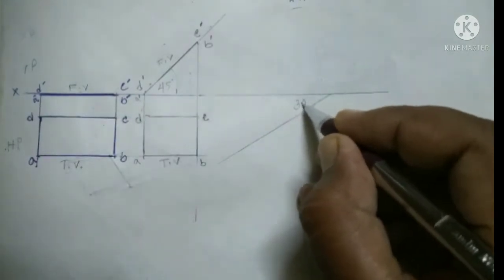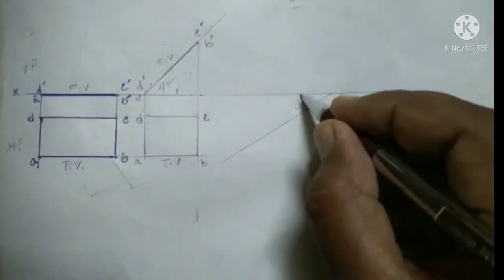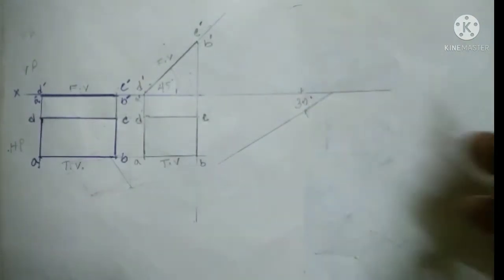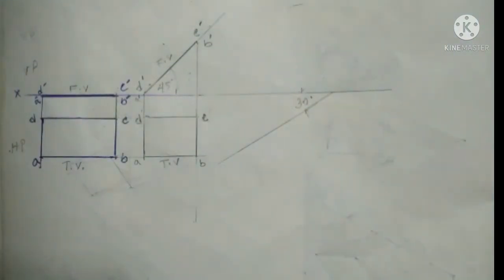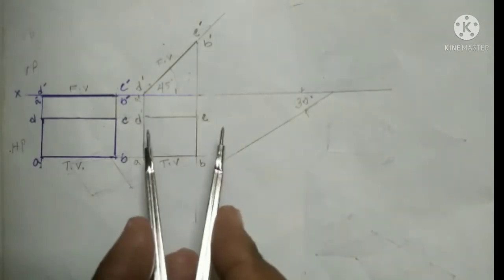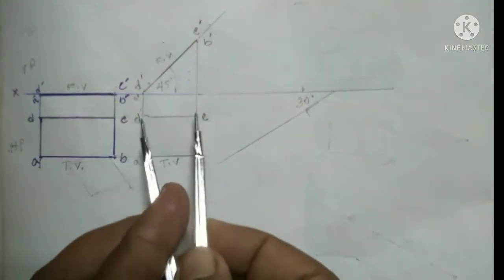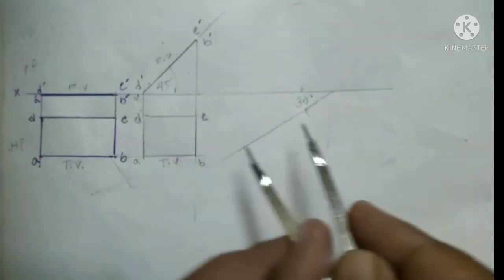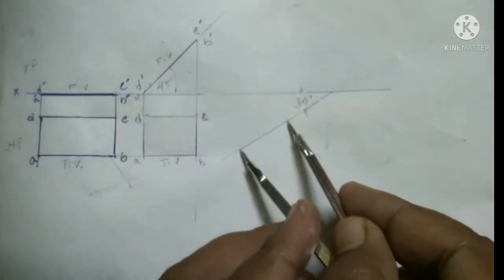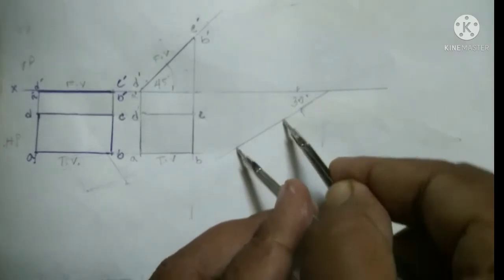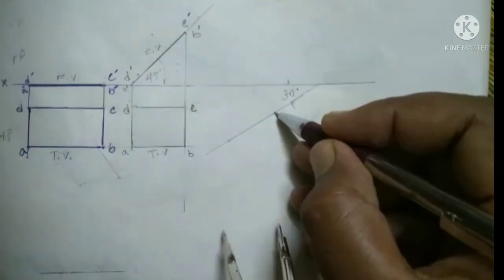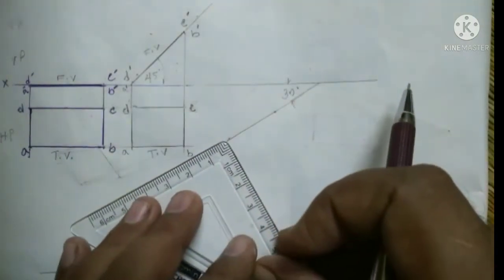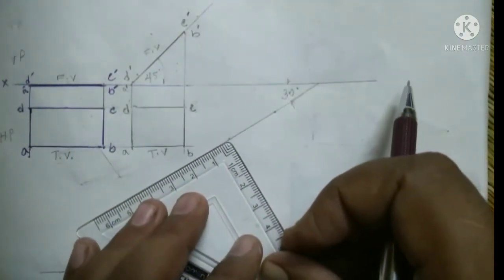Now draw the 30-degree angle for the inclination of the rectangle with the vertical plane, and it can be seen on the horizontal plane, as I mentioned previously. Take the shorter length of the rectangle and draw a perpendicular line with it.